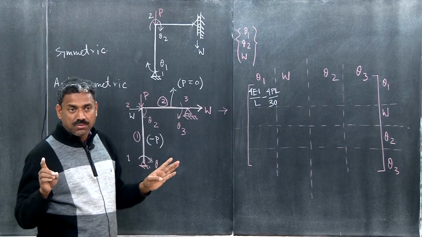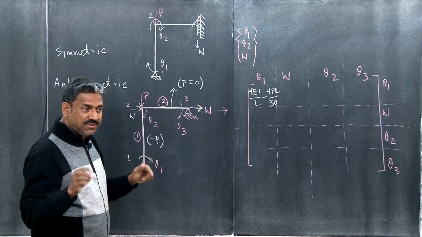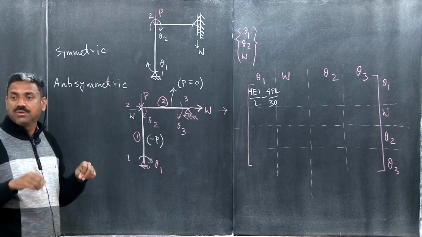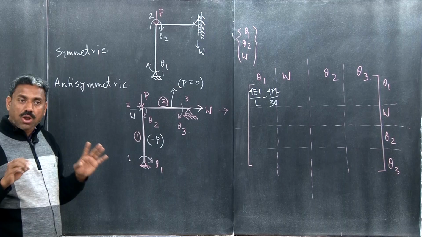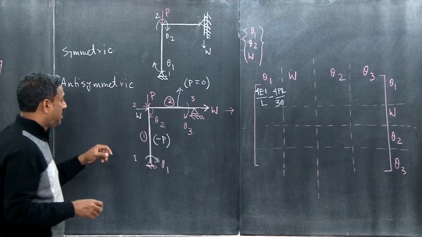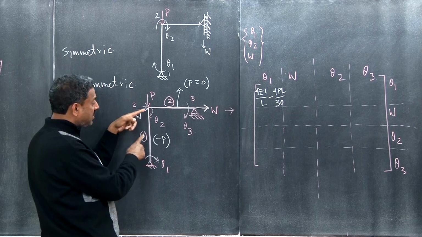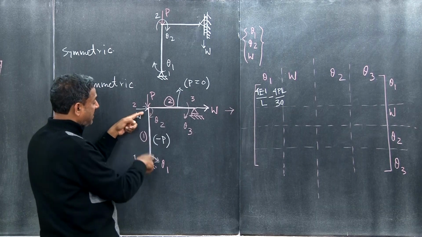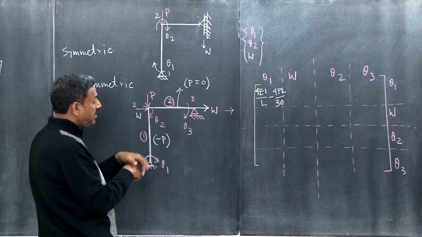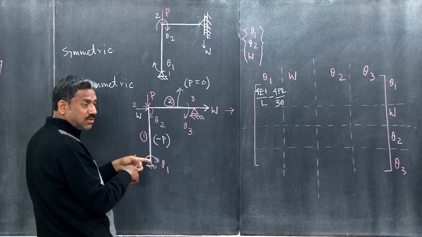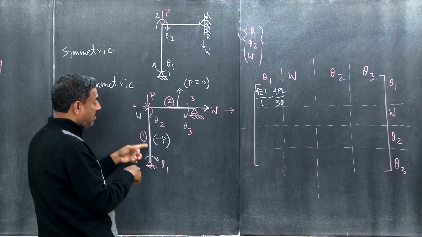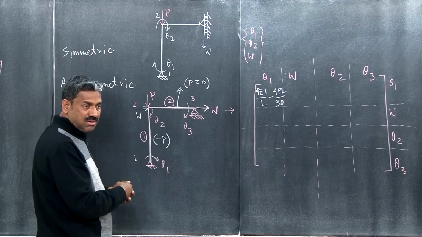If you did, only then will you understand; if you didn't, you will not be able to understand. So W and theta 1 is the cross stiffness, because these two degrees of freedom belong to two different nodes. Only member 1 connects the two nodes, so this stiffness will be contributed only by member 1.